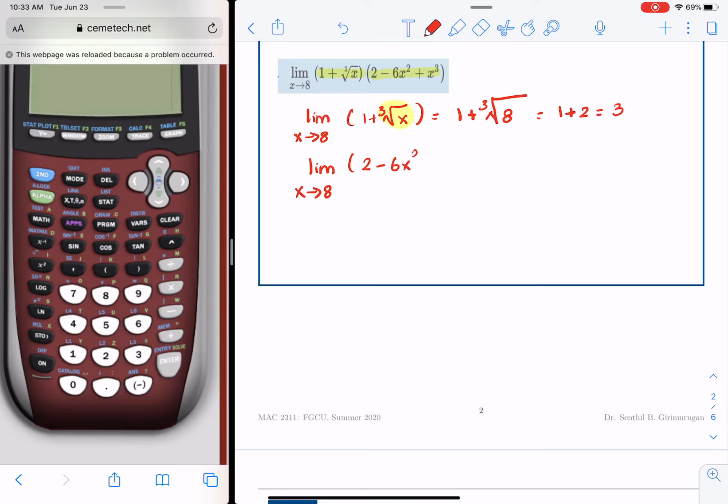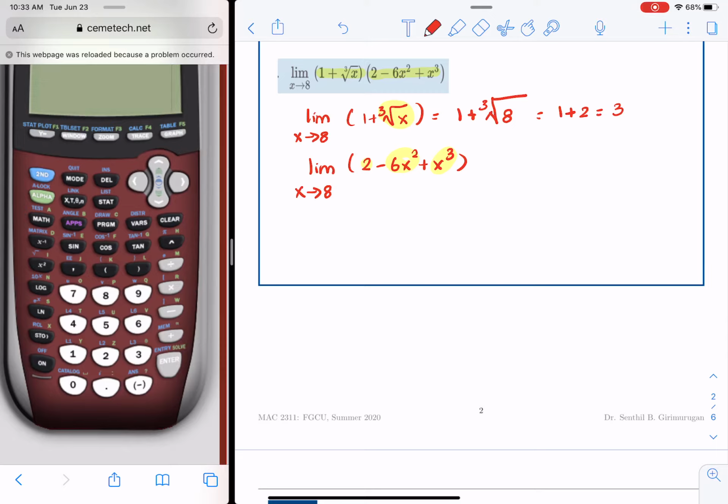The second part of the function has three individual functions, which are 2, 6x squared, and x cubed. And the law states that if we have functions added or subtracted, we could apply the limit to each of them individually and combine them.